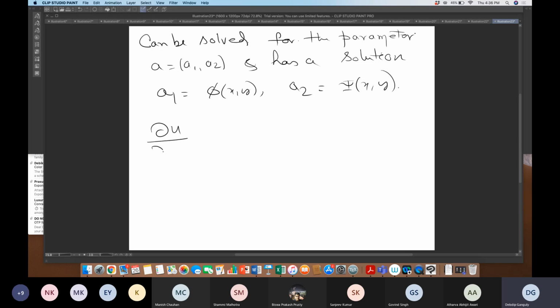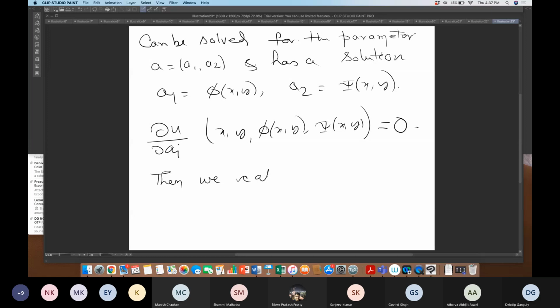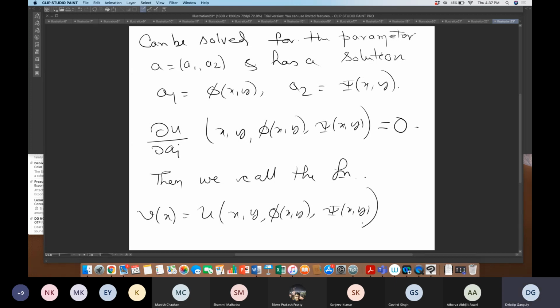That is, del u by del ai at the point (x, y, phi(x, y), psi(x, y)) equals 0. Okay, then we call this function v(x, y) equal to u(x, y, phi(x, y), psi(x, y)) the envelope of functions.